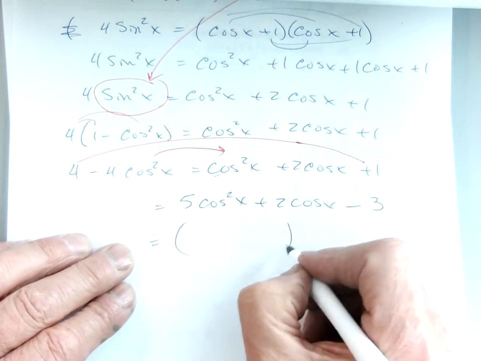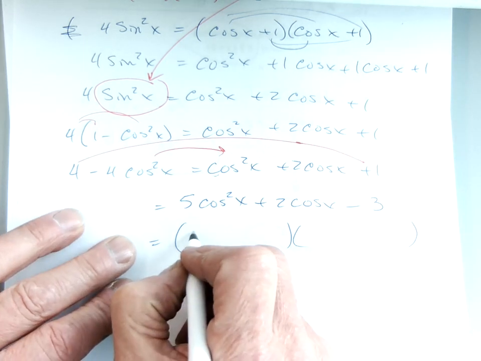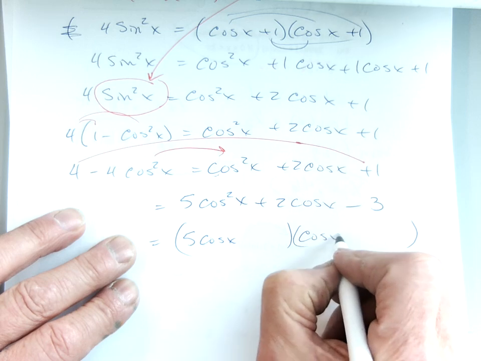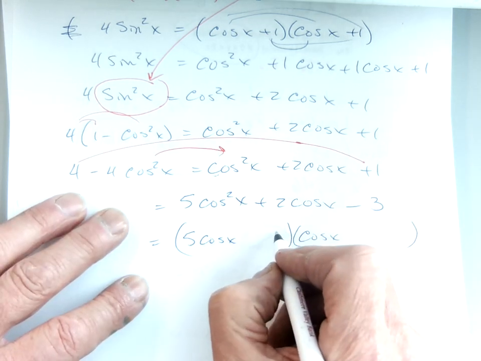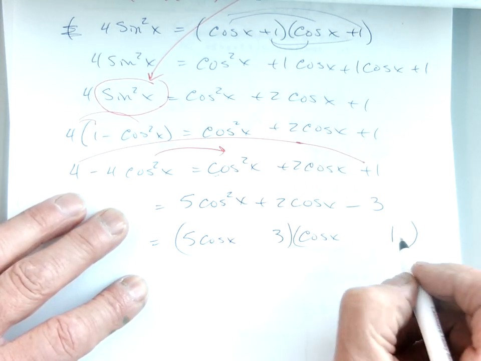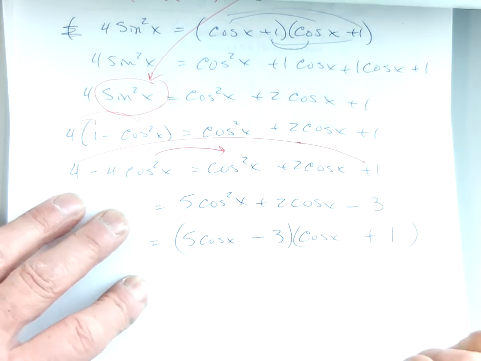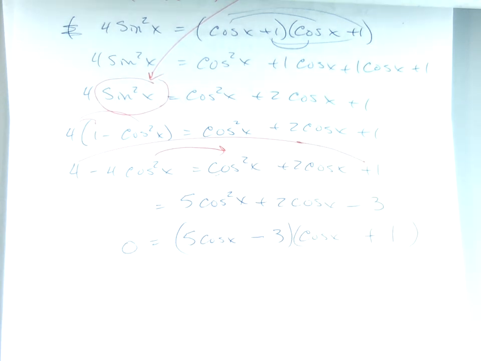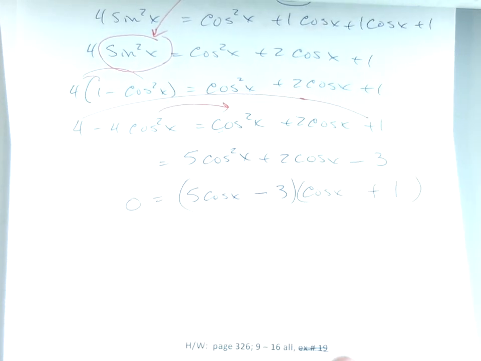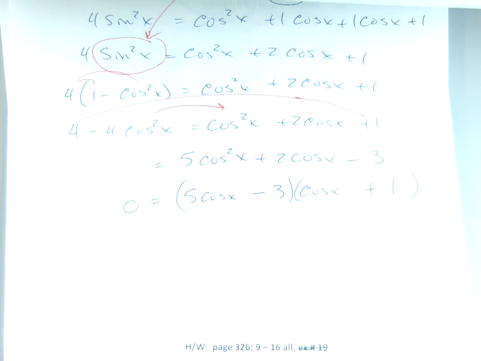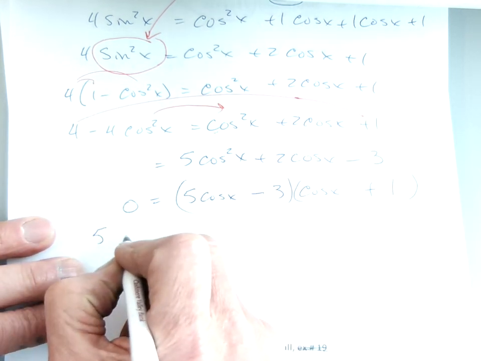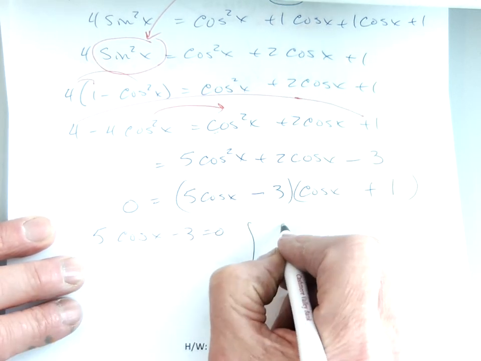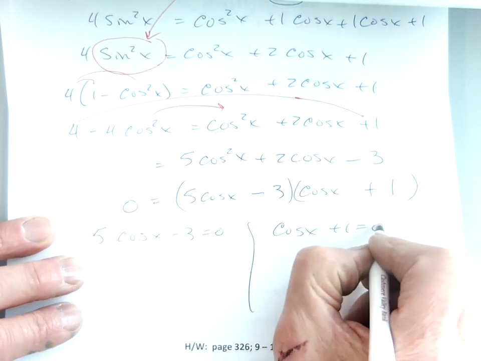That does factor, we just kind of saw that already. 5 cosine of x, 3 and 1, put my 3 here and my 1 here, positive, negative, because that gives me 5 and negative 3, which makes me 2. Okay, now I've got my 2 mini equations, right? So we'll have 5 cosine of x minus 3 equals 0, and cosine of x plus 1 equals 0.